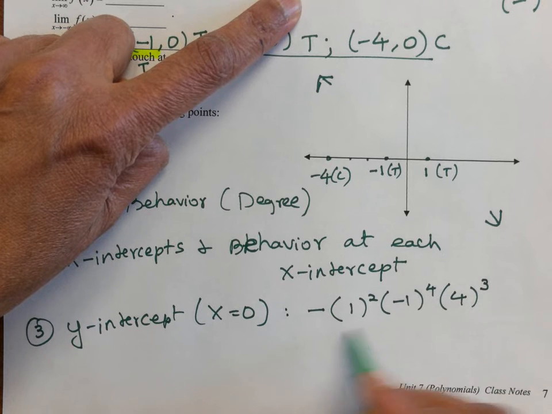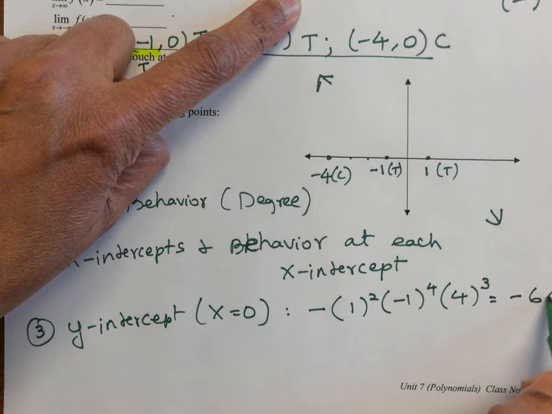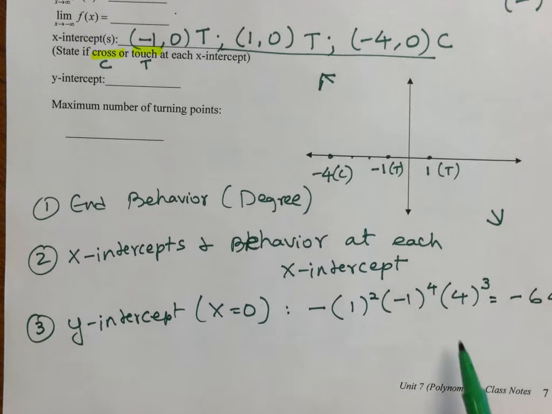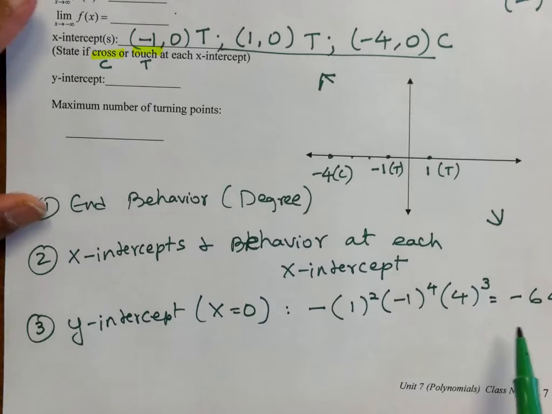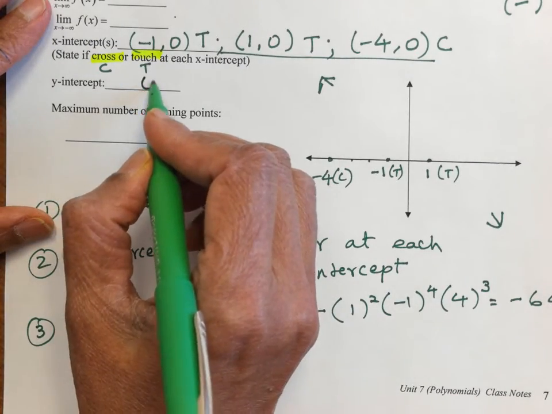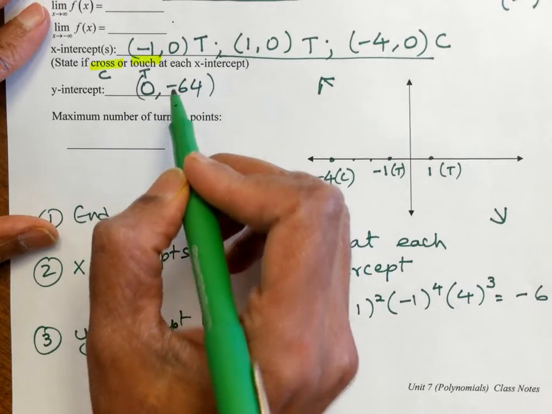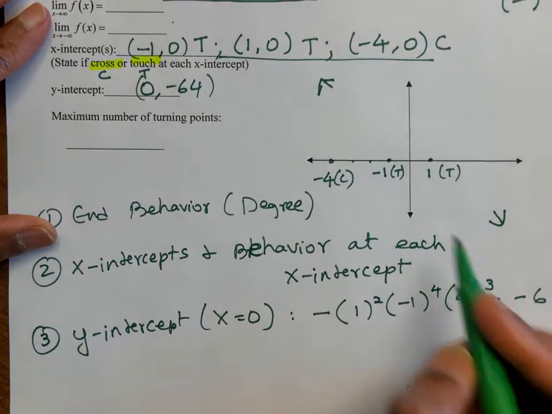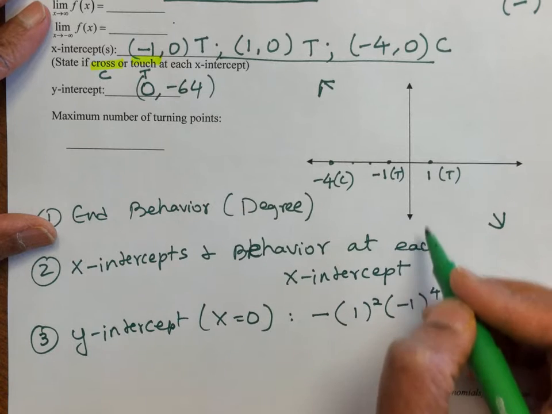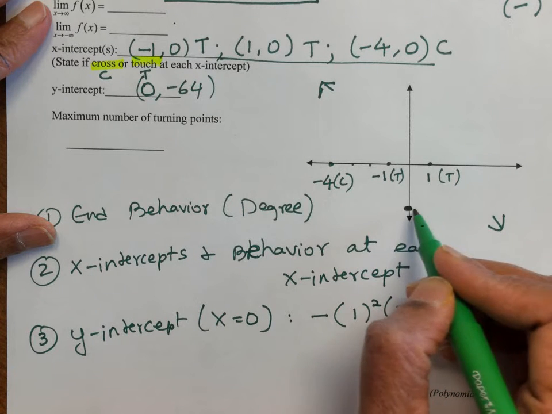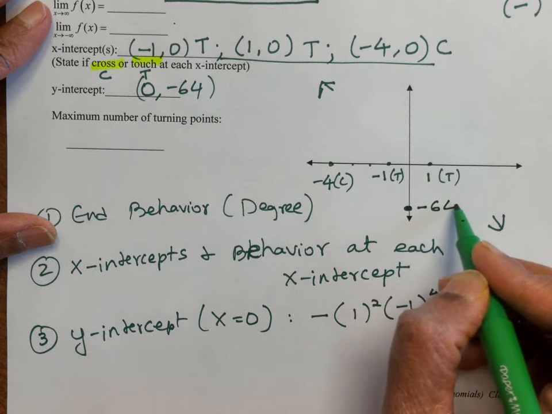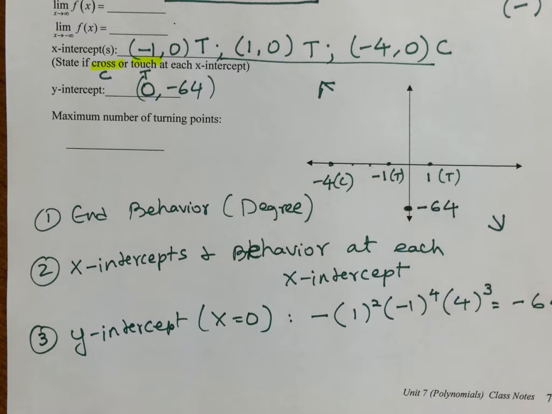Go ahead and do your math, and you should get negative 64. 4 cubed is 64, and there's a negative in the front, so that becomes negative 64. So my y-intercept is 0 comma negative 64. You always make sure you give me the y-intercept with a 0 comma, whatever the y value is. Negative 64 goes way below, but we're not concerned about that. It's somewhere on the y-axis.